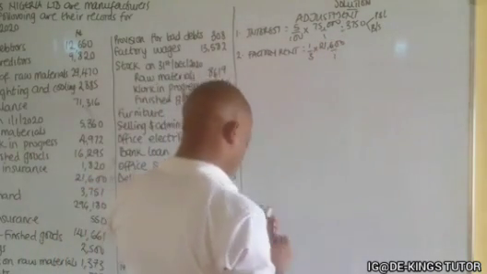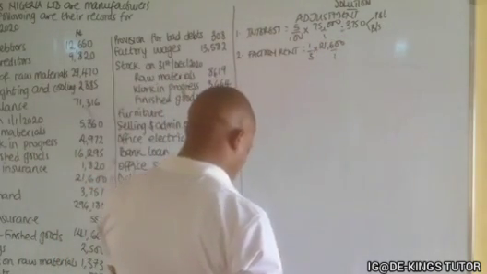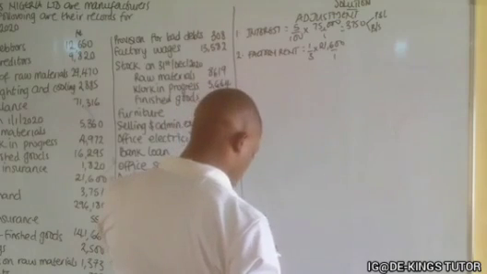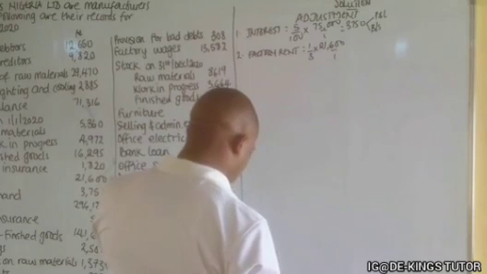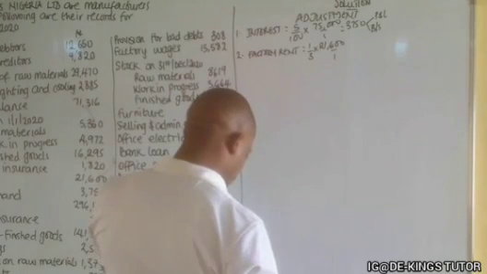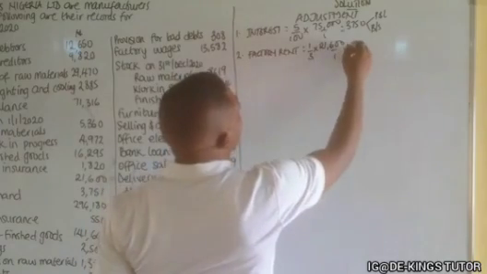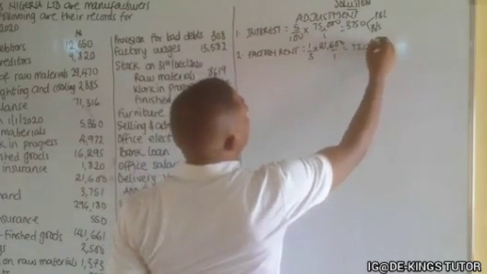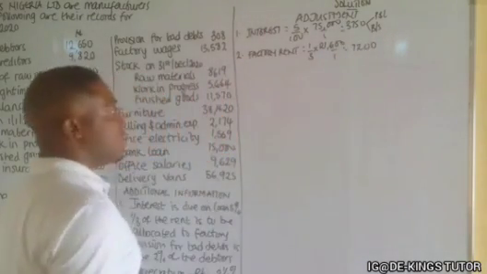21,600. So 1/3 of 21,600 gives us 7,200. So 7,200 is the factory rent.